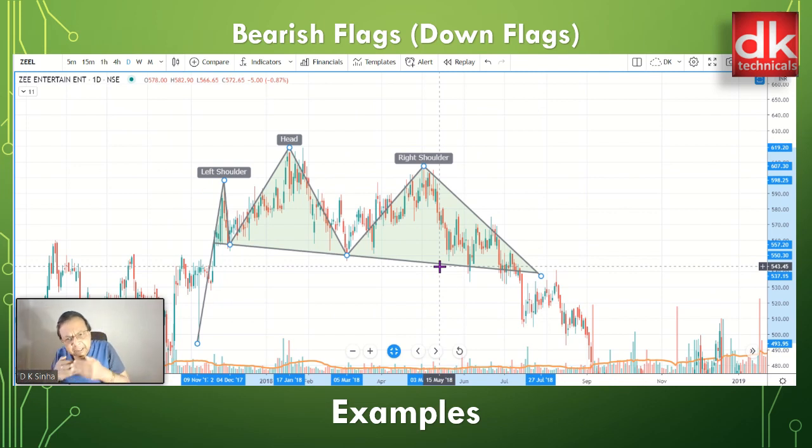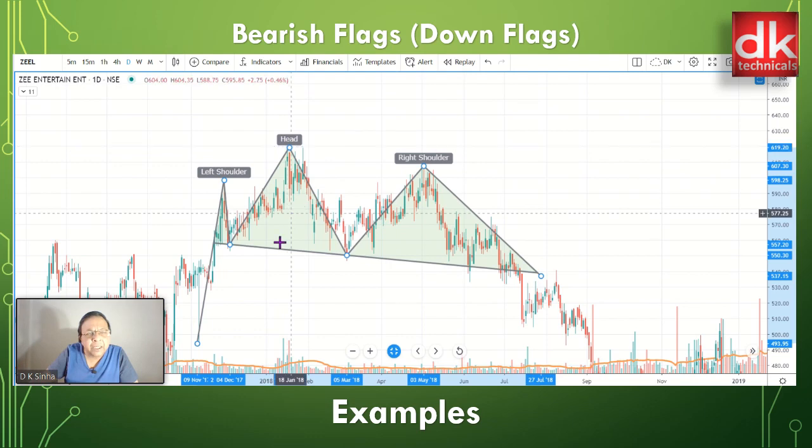So this is a reversal chart pattern which has been formed, indicating that the price has now come into the markdown phase, where it will give us several opportunities for short selling, and we will have several formations of bearish flags. So it has given the first opportunity to trade.